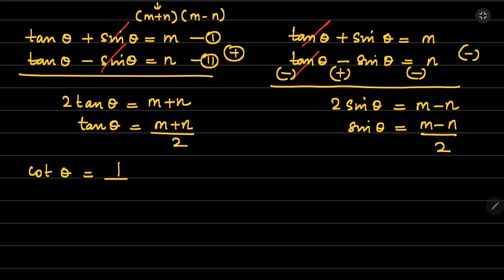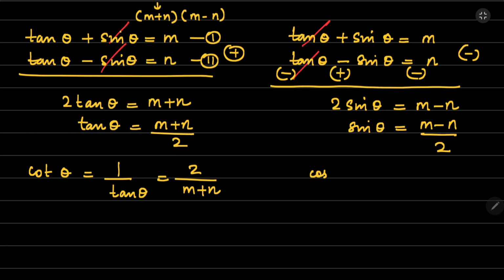Cot theta is nothing but 1 over tan. Okay, so you have to just take the reciprocal, 1 over m plus n by 2. So what will you get? You will get 2 by, just flip it up, right? 1 over m plus n by 2 is nothing but 2 divided by m plus n. Isn't it? So when you take the reciprocal, when this goes to the numerator, it will be 2 by m plus n.